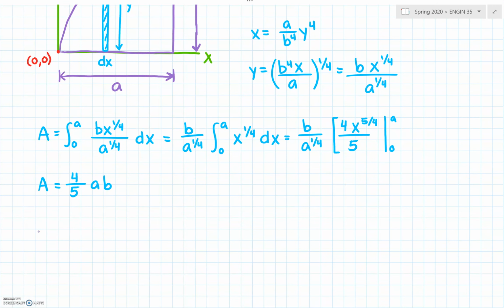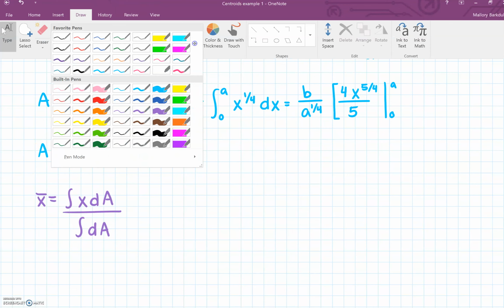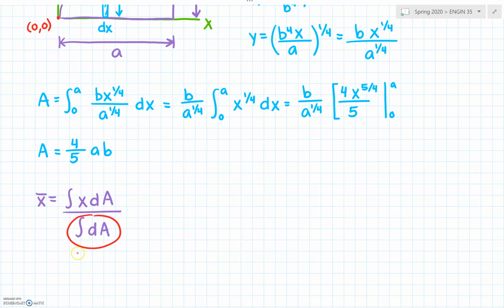Thinking back to our notes, we had the equation for x bar: the integral of x dA divided by the integral of dA, which on the bottom is the area that we just solved for, A. So we're going to have the integral from 0 to a of x times dA, which is y dx, divided by the area, which we solved for as 4/5 ab.